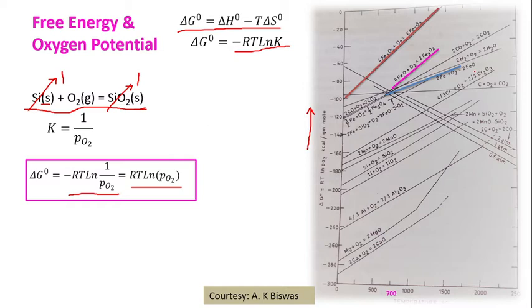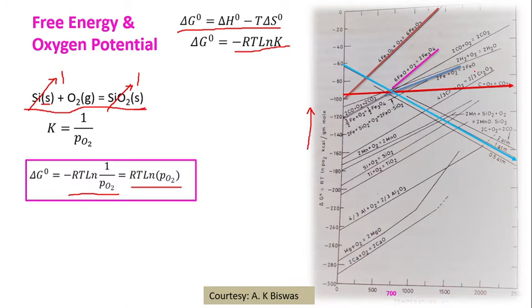Another important thing to be noticed from this diagram is the lines related to carbon. That means the carbon dioxide line and the carbon monoxide line, which has a downward slope.